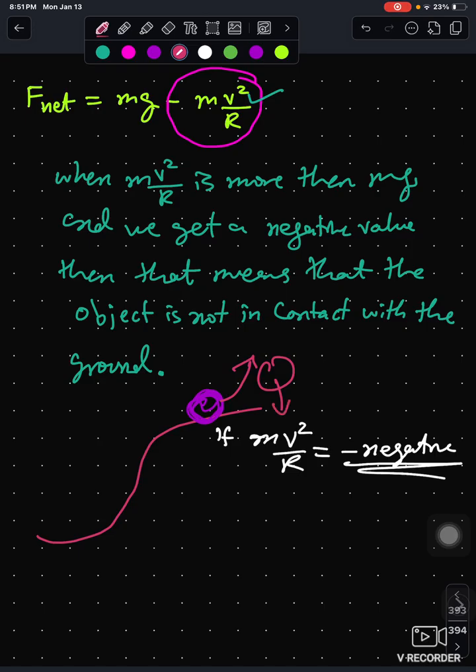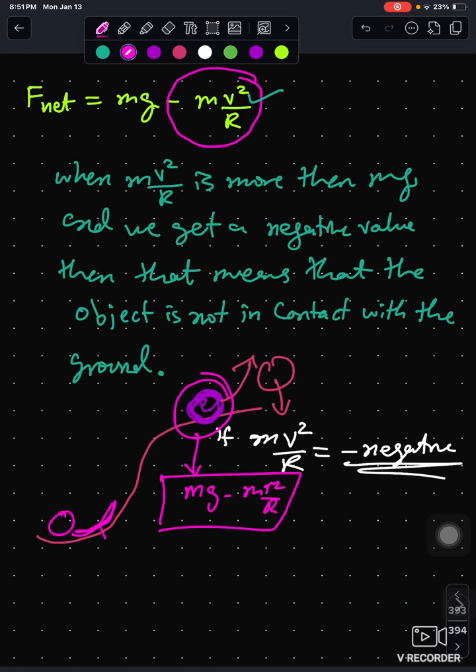This is what the equation says. And this is where we use mg minus mv square over r. Plus, when we talk about the object on this curve, we will use mg plus mv square over r.